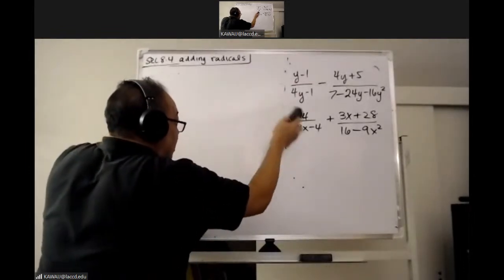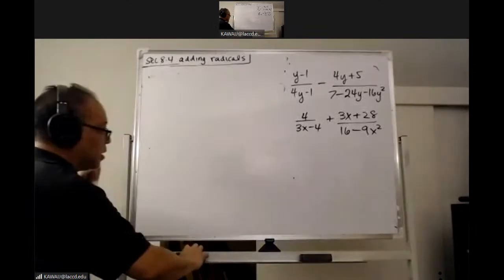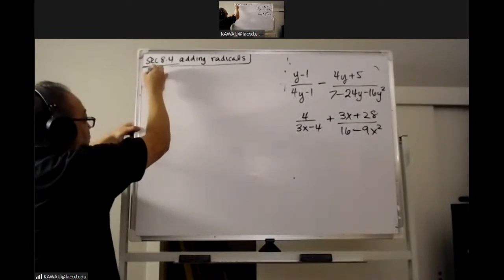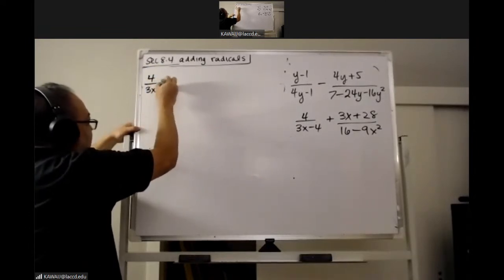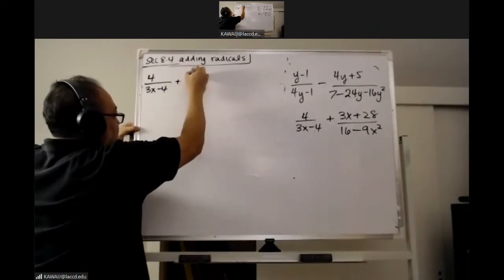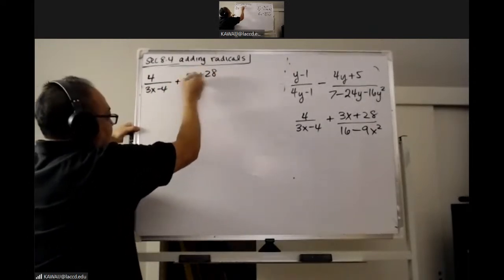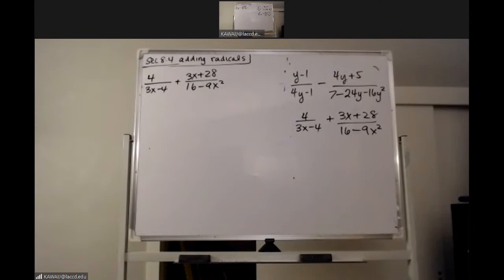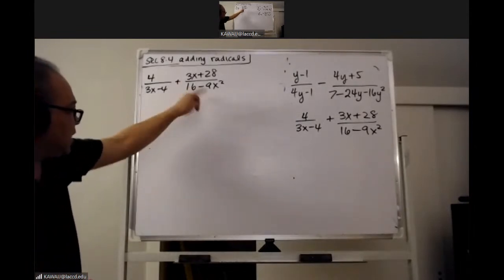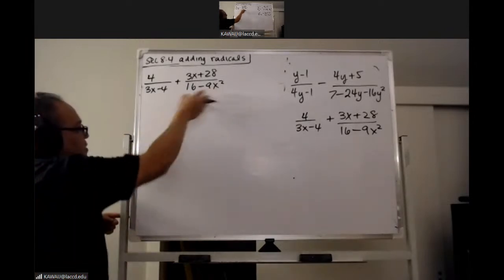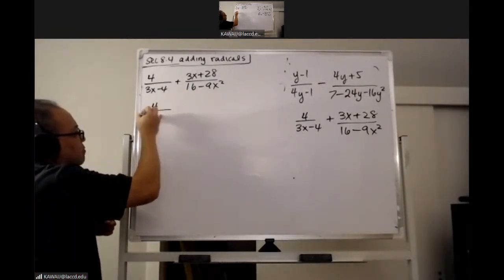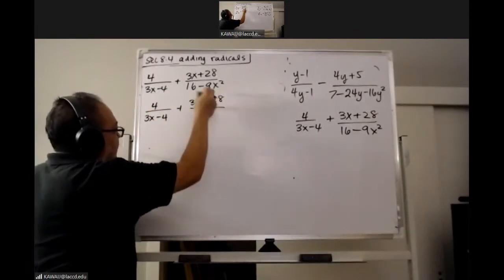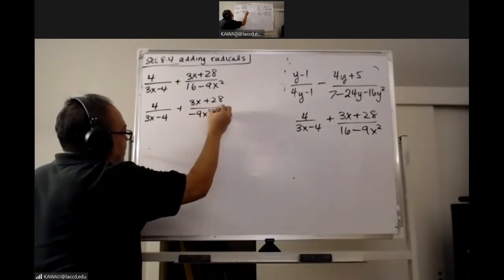Let's do this one first. This one's a little easier. Okay. So over here we have 4 over 3x minus 4 plus 3x plus 28 divided by 16 minus 9x squared. Now the first thing I want to do is change positions so that my x's come first. Then I have minus 9x squared plus 16.